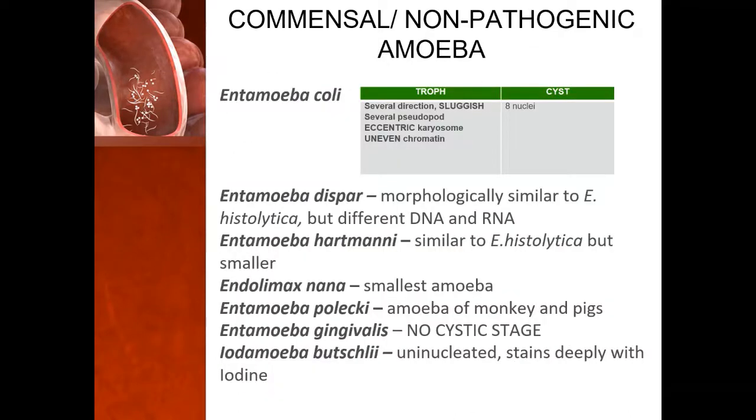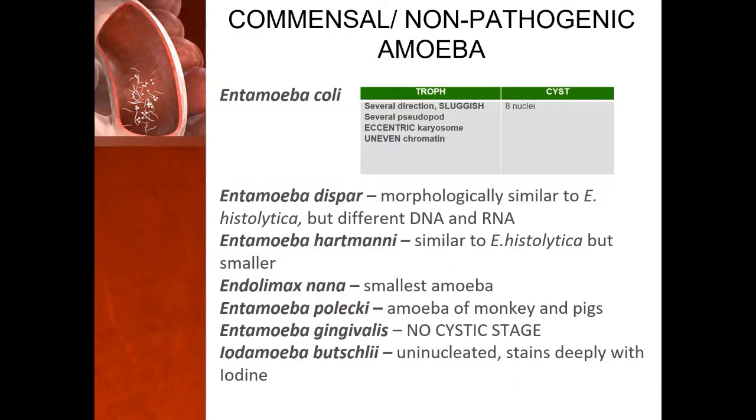So these are the other amoeba. They are commensals, or the non-pathogenic amoeba. The Entamoeba coli is very similar to Entamoeba histolytica, a bit bigger, and has more nuclei present in its cyst. The difference is the trophozoite, and this is a major difference between the two.